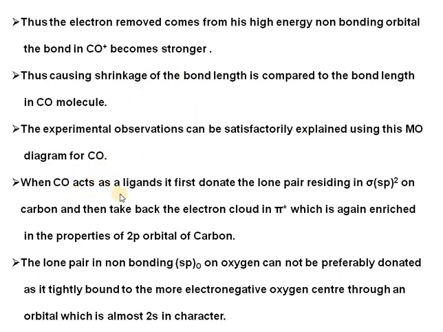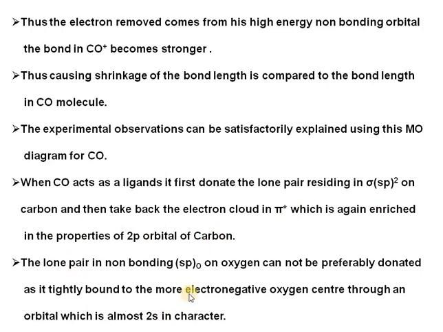When carbon monoxide acts as a ligand, it first donates the lone pair residing in the sigma sp2 on the carbon and then takes back electron clouds in pi star, which is again enriched in the properties of the 2p orbitals of carbon.